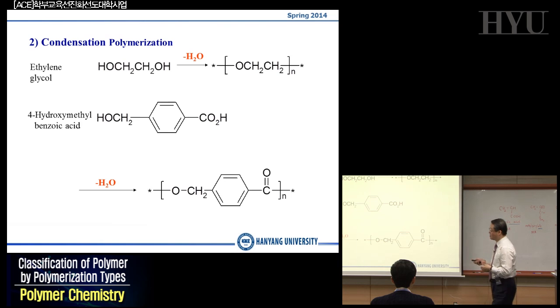Okay? So now let's talk again about the polymerization reactions. Polymerization reaction should be performed from left to right. In order for your reaction to get the final product, you have to break the equilibrium of your reaction.